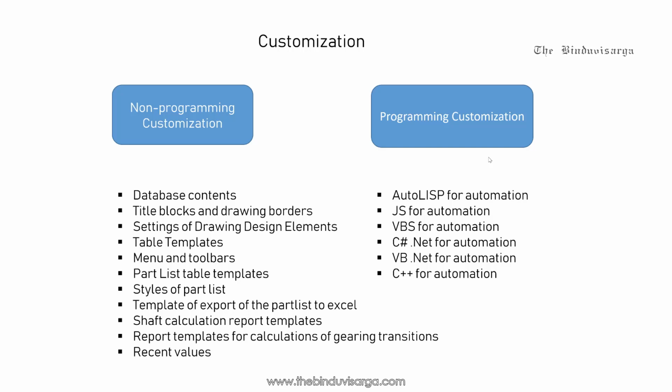Still, if at some point you need to automate some tasks, you have the liberty to use AutoLisp for annotations, JavaScript for automations, Visual Basic script for automations, .NET programming like VB.NET or C#.NET, and C++ to create plugins for use with nanoCAD Mechanica.